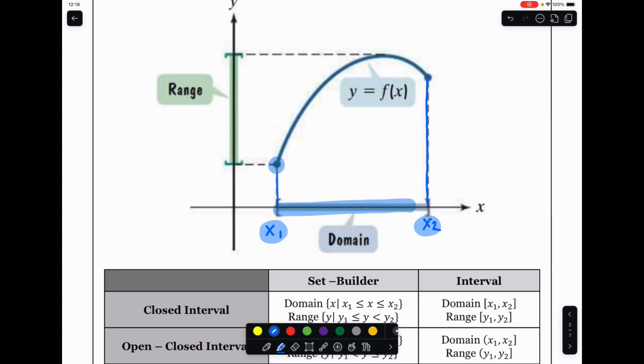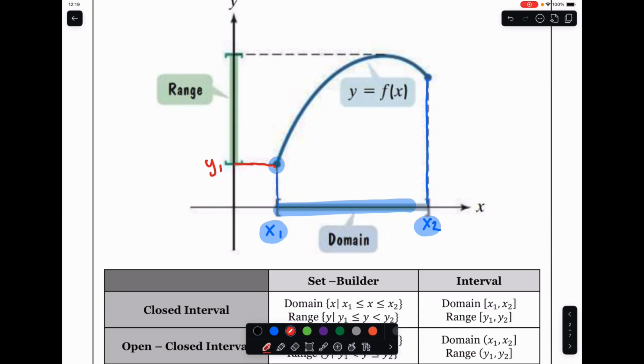And the strategy to finding the range, we just simply do the same thing but going up and down. So we move along the graph and find the lowest point on the graph, which would be this one right here. This happens to be the lowest point on the graph. Draw a line to the y-axis and see what the y value is.